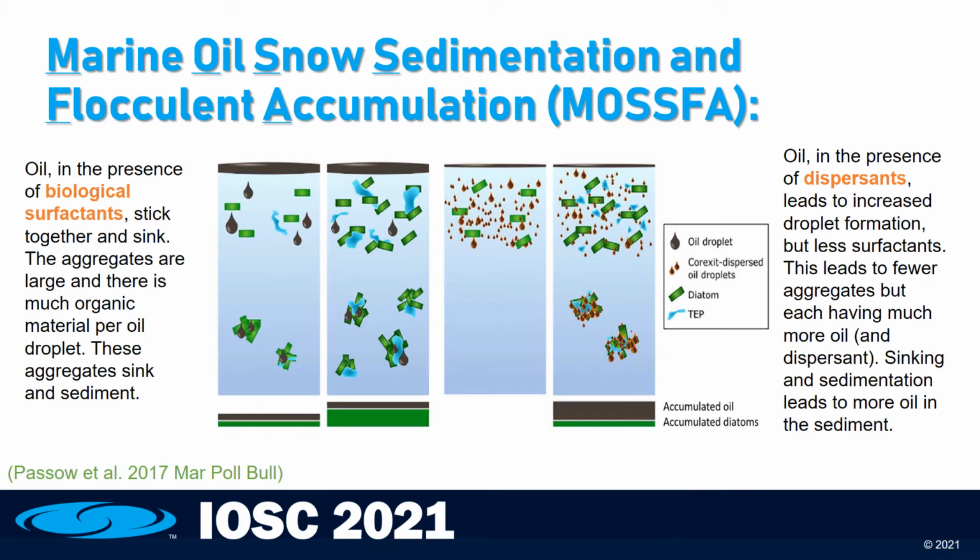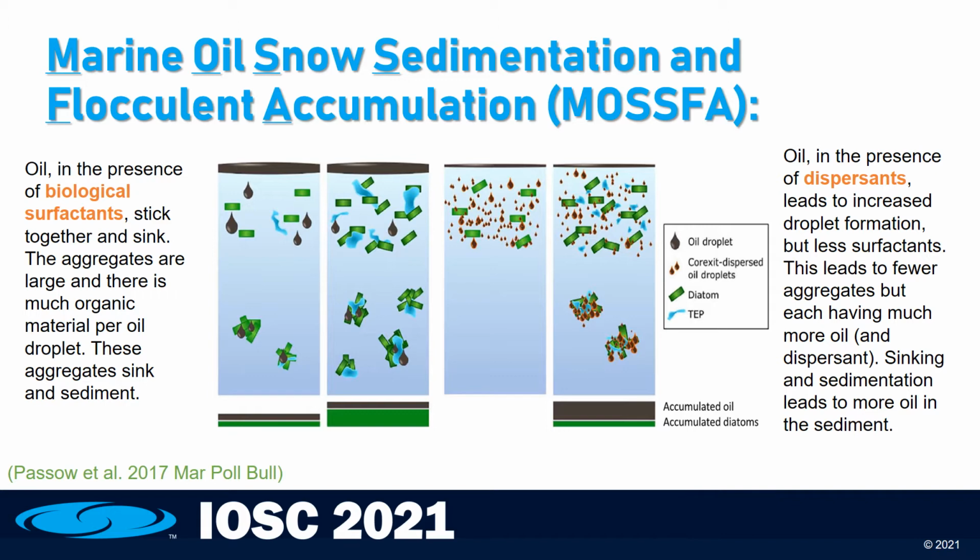This diagram here, which was published by Passow in 2017, is probably one of the most elegant examples of the differences between biological surfactants and chemical dispersants in how they interact with the oil and with the organic materials. What you find is that the organic materials here in the green will stick to the oil.